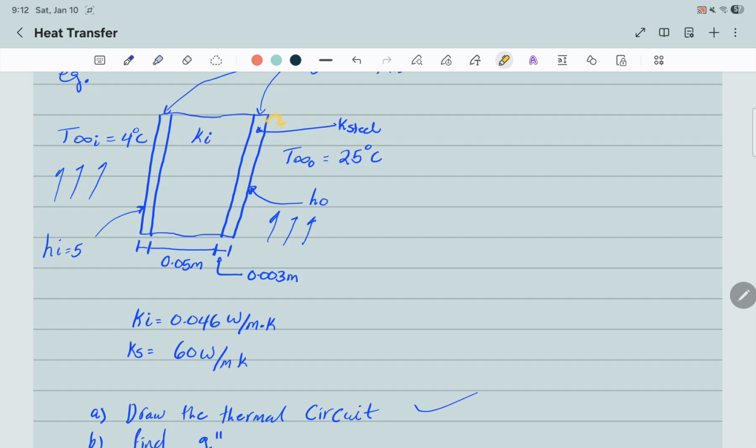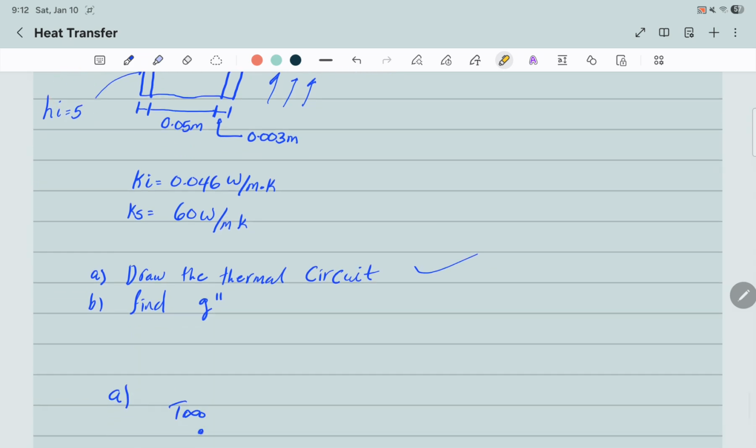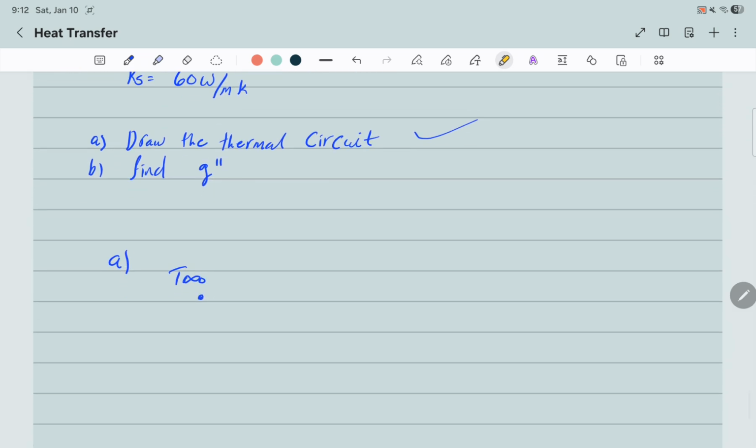Then the heat flow goes through the first steel plate. It goes then through the insulator, and then through the second steel plate, and then the heat enters the inner side of the fridge.